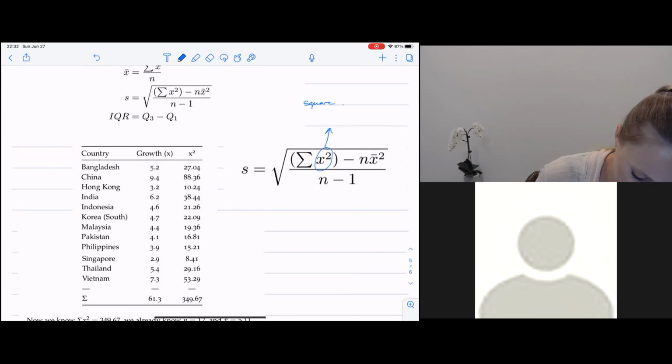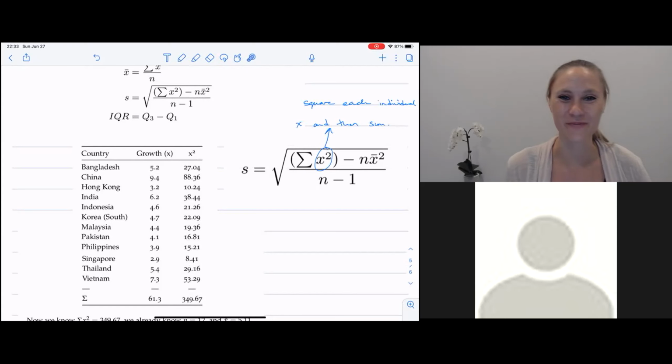So square each individual x, and then sum, and then add them all up.